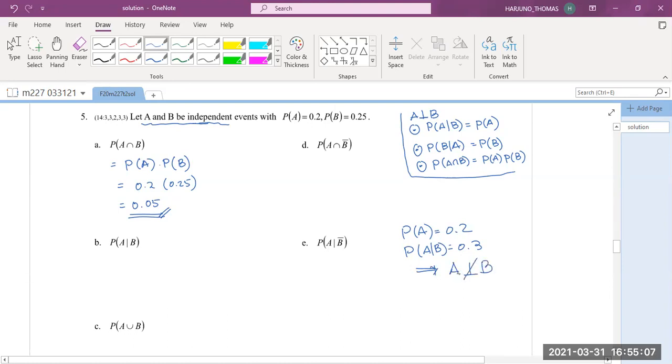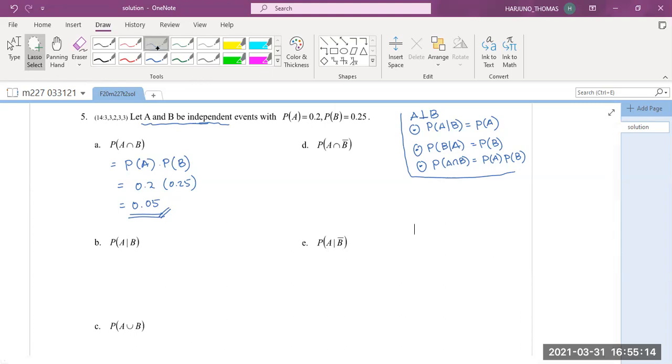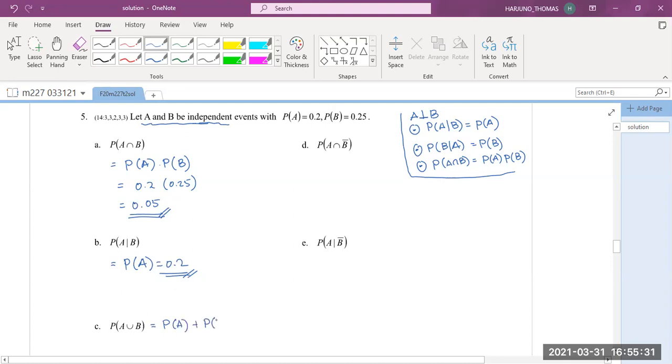Okay, now, the case we have here is actually a lot easier because they are independent. So what is the probability of A given B? Well, they're independent, so it's the same as the probability of A, which is 0.2. Okay, how about the probability of the union? Then this is the probability of A plus the probability of B minus the probability of the intersection.